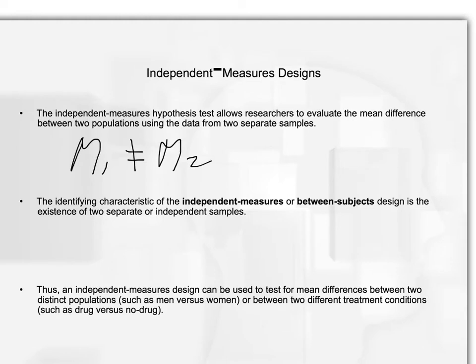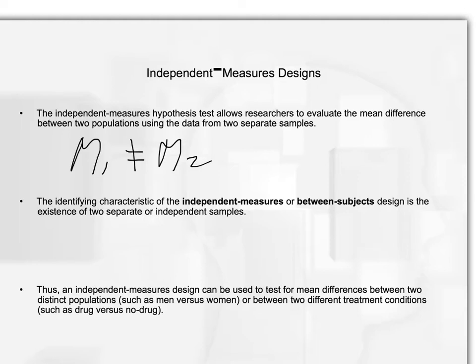Again, the identifying characteristic when you're reading the problem will be two samples, two means. Each of those samples has a mean. Each of those samples has a standard deviation or a variance. And we want to know if those means are different. Our null hypothesis would be that they're the same. Our alternative hypothesis is that they're different in some way.